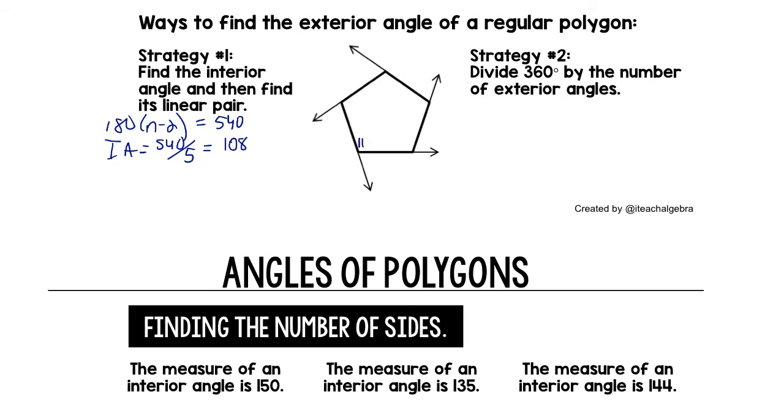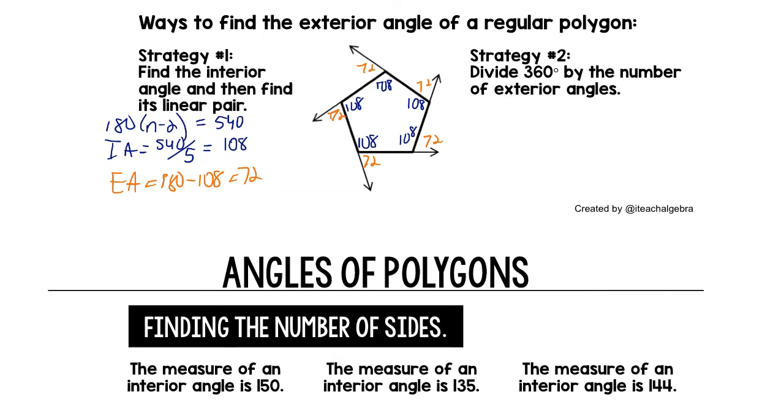So let's write that in here. All right. For the exterior angle, we do 180 minus 108 and get 72. Those make a linear pair because they're supplementary.